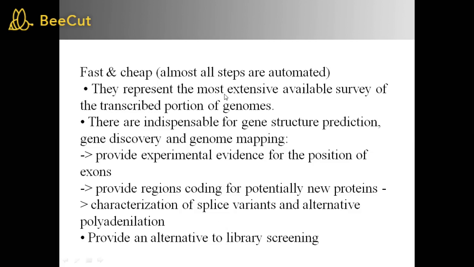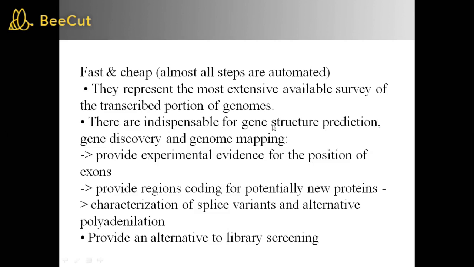They represent the most inexpensive available survey of the transcribed portion of the genes. So by using expressed sequence tags, we can find out which genes are expressed or transcribed in that particular genome.